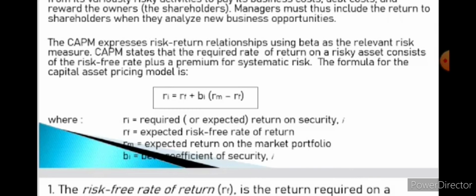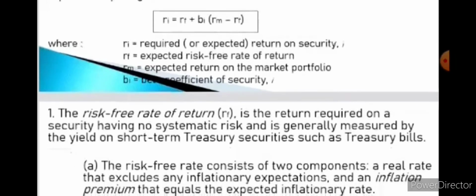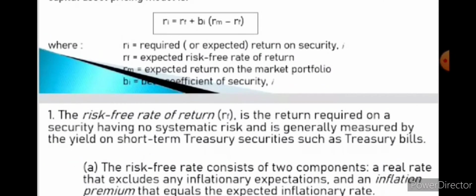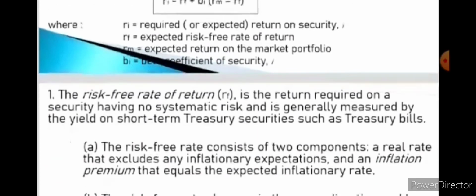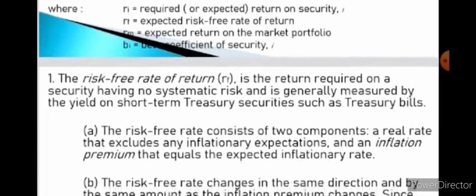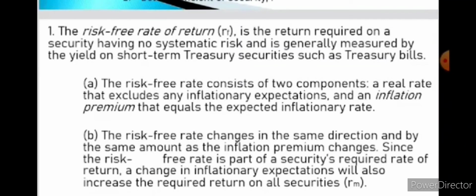The formula for the capital asset pricing model is given, where RI is the required or expected return on security, RF is the expected risk-free rate of return, RM is the expected return on the market portfolio, and BI is the beta coefficient of the security.